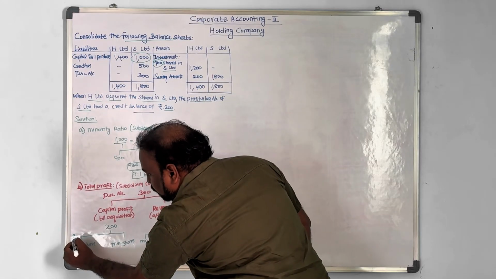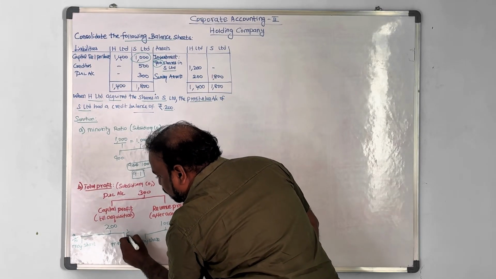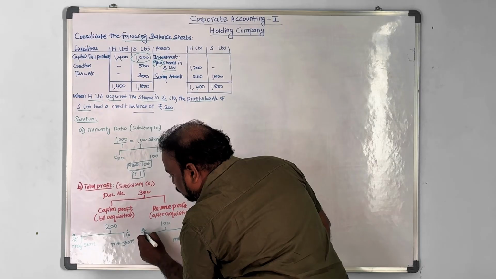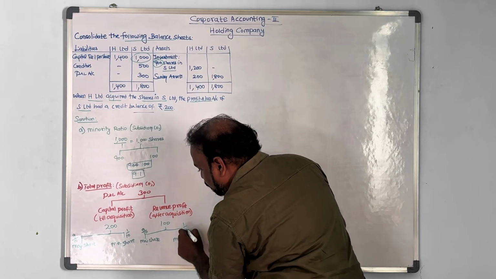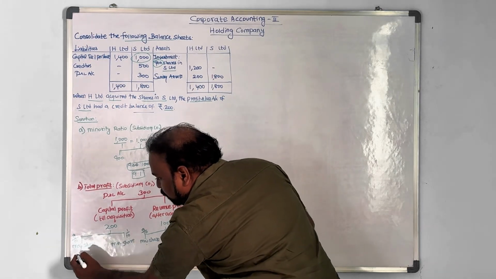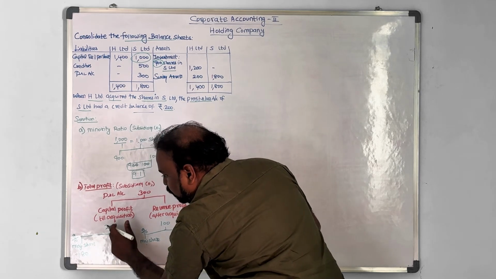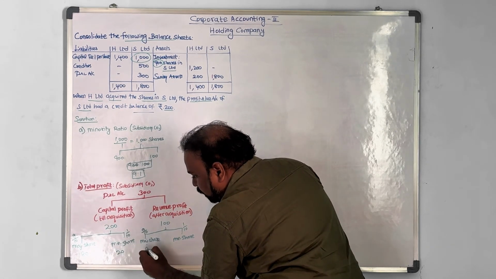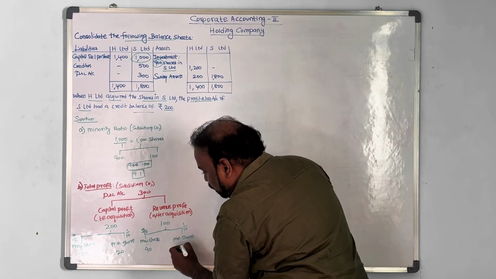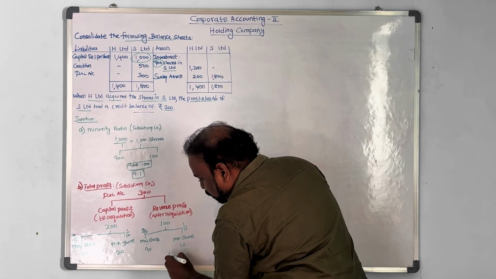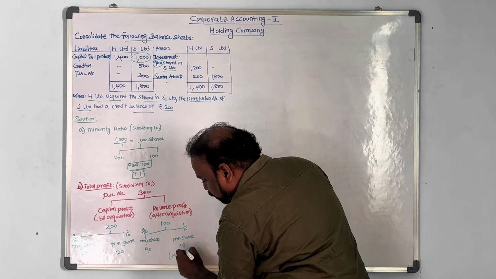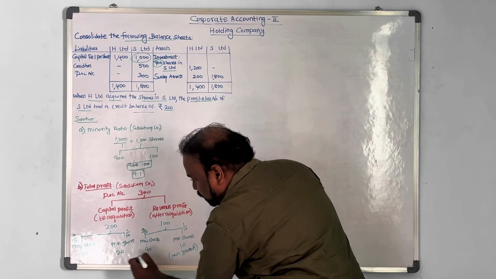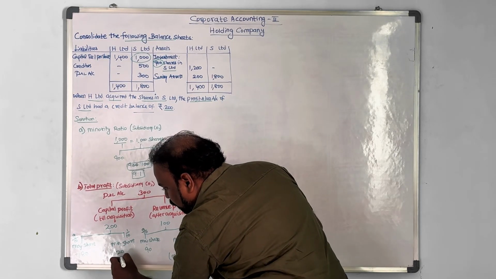So 9 by 10 is majority, 1 by 10 is minority. 200 into 9 by 10 is 180. 200 into 1 by 10 is 20. 100 into 9 by 10 is 90. 100 into 1 by 10 is 10. This is relevant for calculating minority interest.